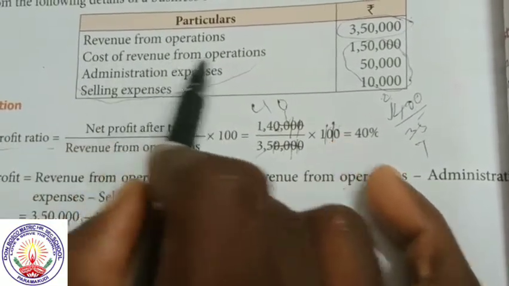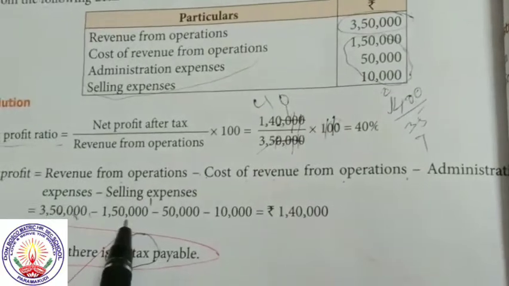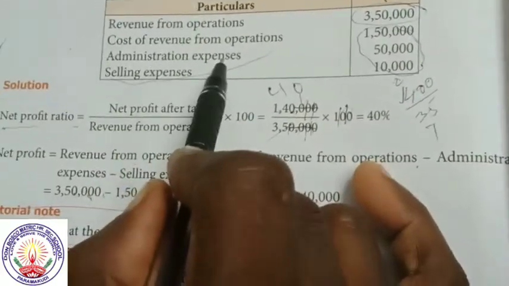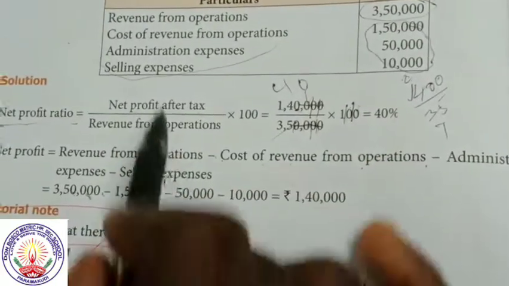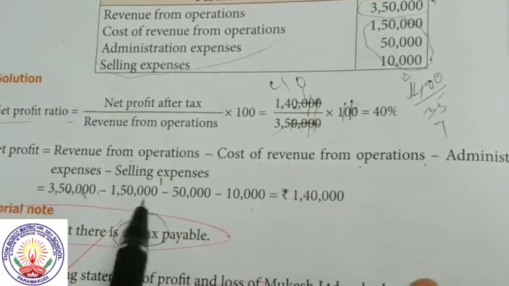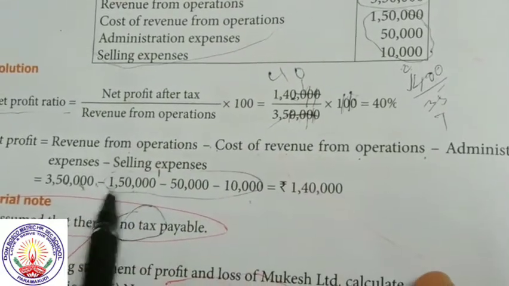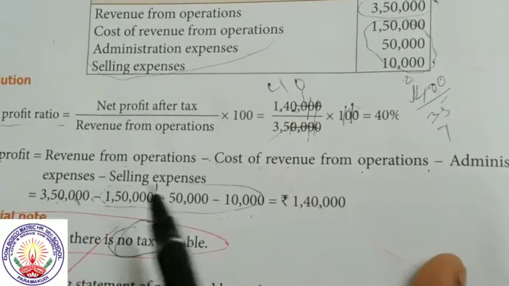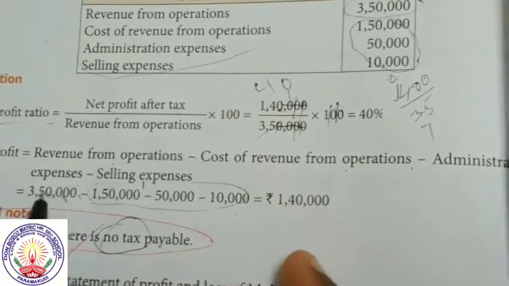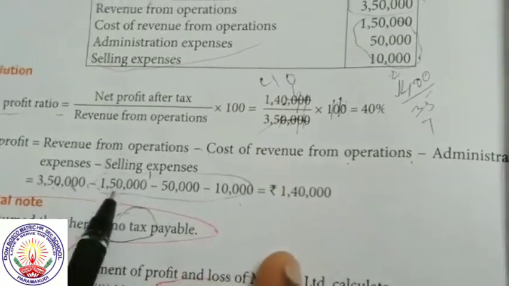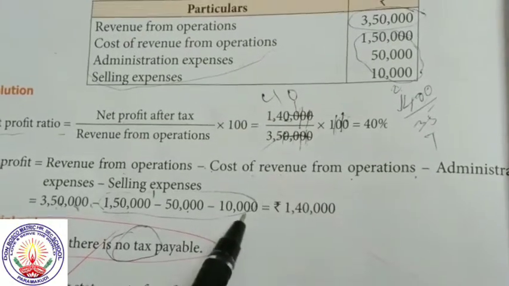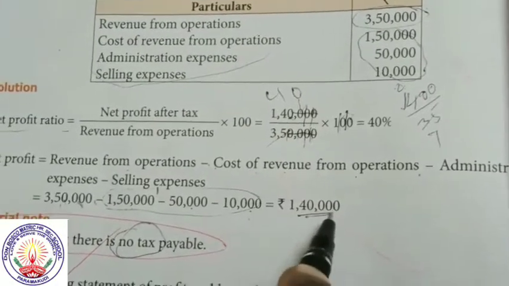Cost means expense: revenue operation 1,50,000, administration expense 50,000, selling expense 10,000. If you add them totally and then subtract from 3,50,000, or directly subtract 1,50,000, 50,000, 10,000 from 3,50,000, what is the answer?